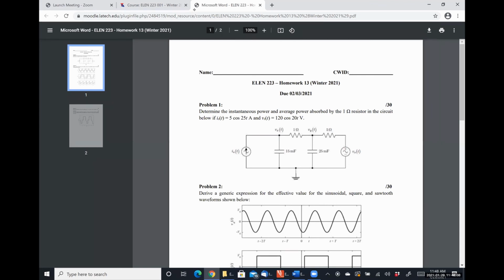So your instantaneous power should have 5 terms: 1 corresponding to DC, then 5 radians per second, 40 radians per second, 45 radians per second, and 50 radians per second. And then your average power is just the DC portion.